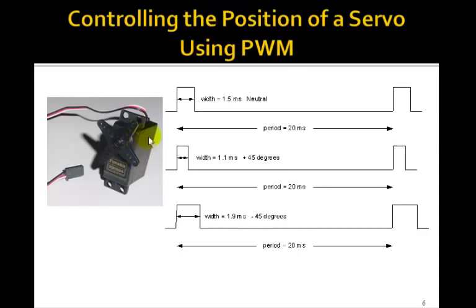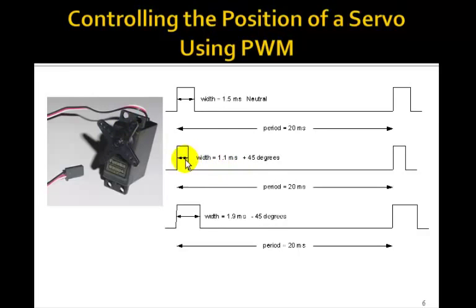There's actually a little DC motor inside this servo, along with a little potentiometer which measures the position, and so there's a feedback circuit in here which reads the pulse width modulated signal and then moves the motor till you get to a particular position. For example, if this is a 1.5 millisecond pulse compared to the 20 millisecond period, so this is a relatively small duty cycle, you see, then this is the neutral position and it just stays fixed there.